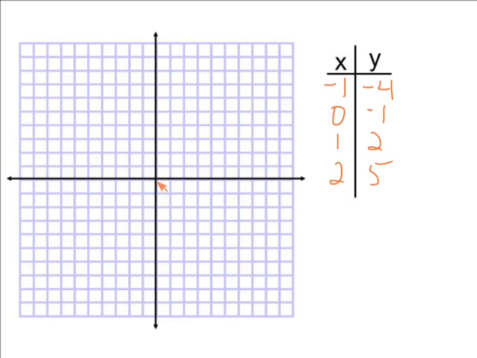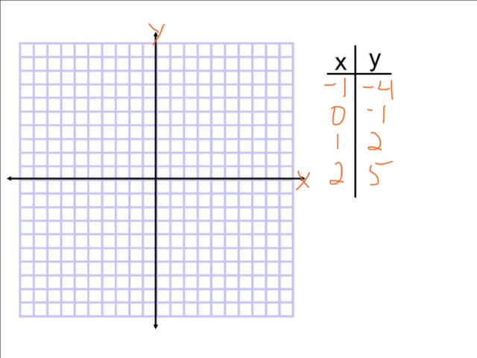We always start at 0, and positives tell us to go to the right, and negatives tell us to go to the left. Let's go and write that out. This is our x-axis, and this is our y-axis. Then our y values tell us to go up if it's positive, and from 0, 0 we go down if they are negative.